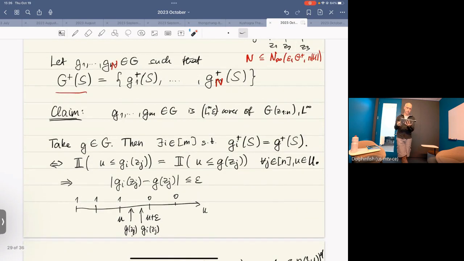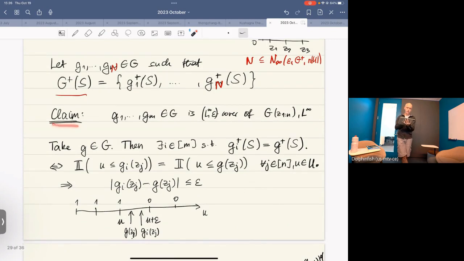Now we're going to claim that these functions, and there are capital N of them, are also an L infinity epsilon cover of G when restricted to the points Z1 to Zn.